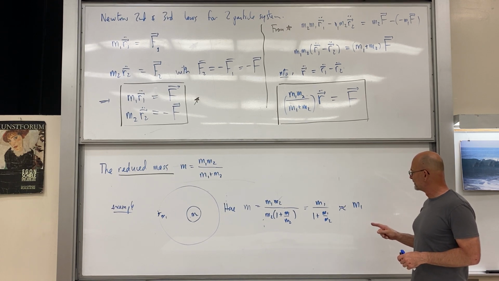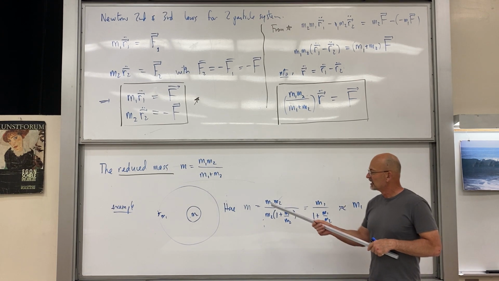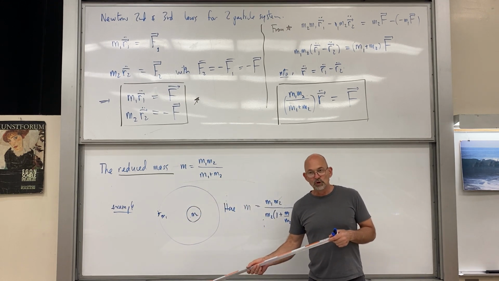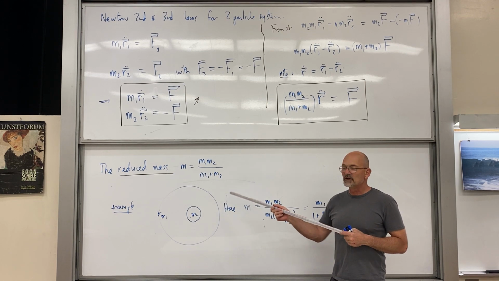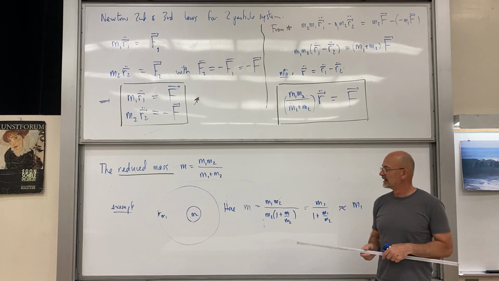What else? Oh, a very interesting anecdote. This central force problem isn't just, say, the moon around the Earth or the Earth around the sun. When you move on into atomic physics, it's the electron around the proton.